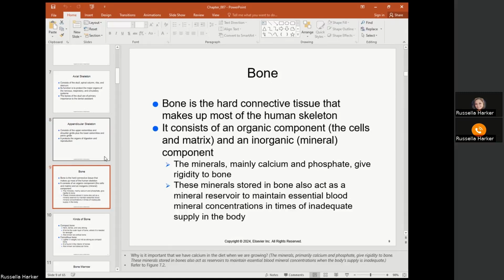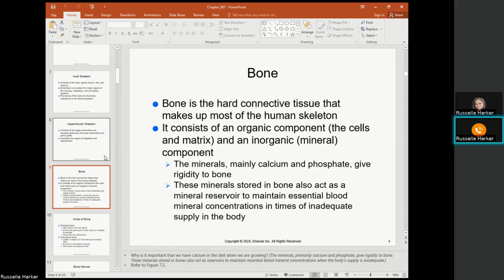So they talk about bone. Bone itself is the hard connective tissue that makes up most of the human skeleton. It has an organic component, which is the cells and the matrix, and an inorganic or mineral component. The minerals are mainly calcium and phosphate, and that's what makes the bones rigid or hard.